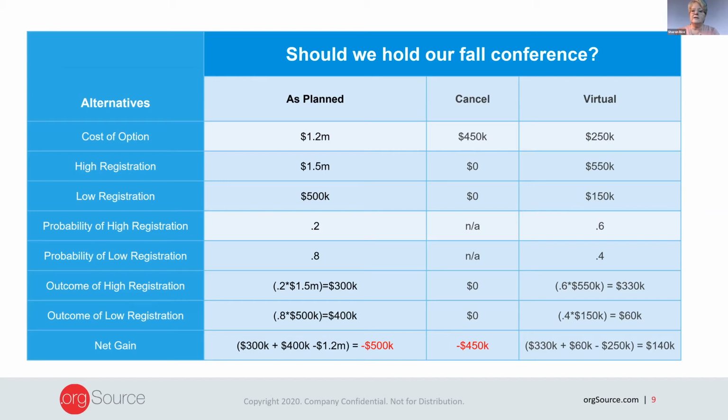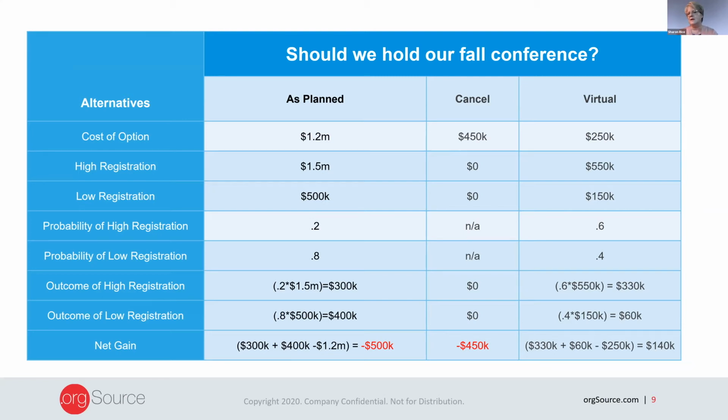Now let's look at the cancel, or do nothing, option, and we're going to use this with our dues example as well. This is the easy thing to do. Let's say if we cancel it, we've got 450,000 in attrition fees and sunk costs and contract obligations. So you all, if you're battling this right now, you already know, I'm sure, what your cost is going to be if you cancel your meeting from an obligation perspective.